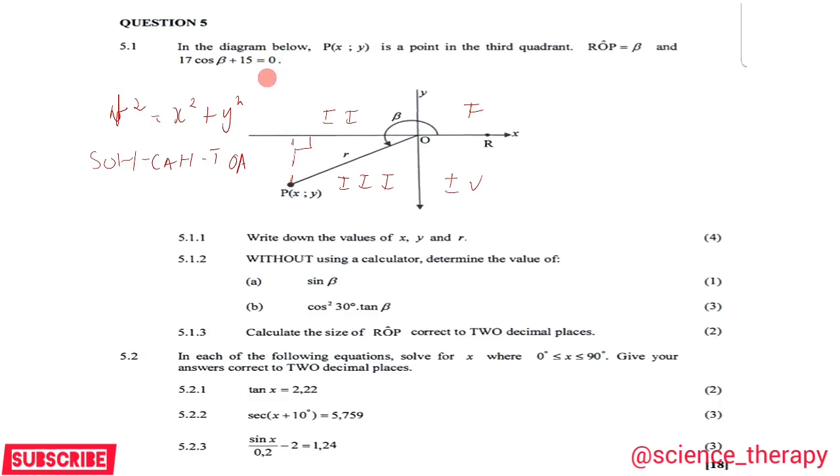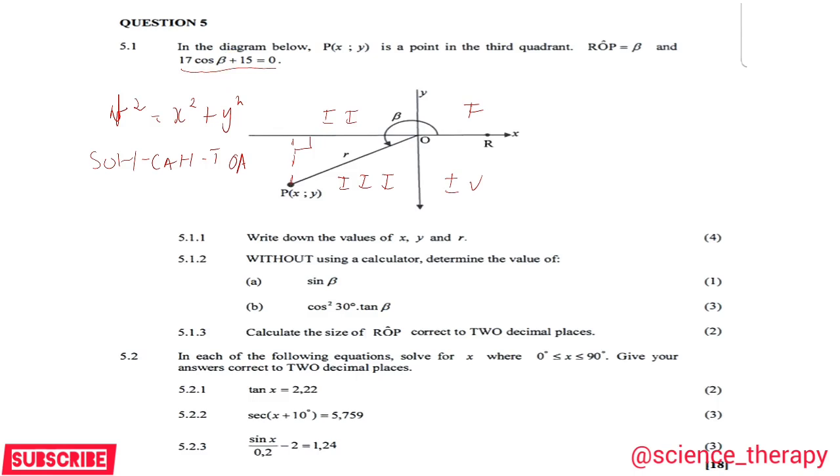Now the next thing we want to do is to work with the 17 cos beta plus 15 so that we make our cos beta the subject of the formula, right? So remember, we should have this in the form of SOHCAHTOA, whereby we'll have this in the form of a fraction, having our adjacent and our hypotenuse side. So we want to resolve this so that our cos beta is the subject of the formula.